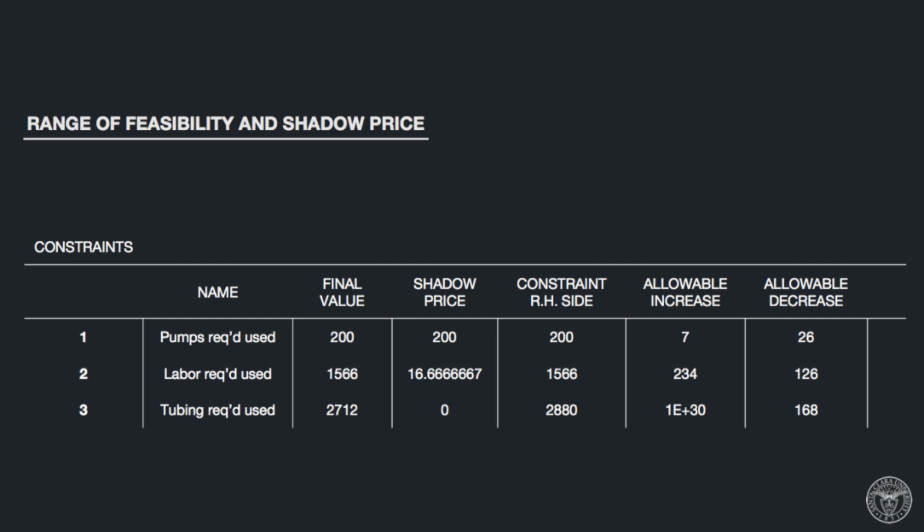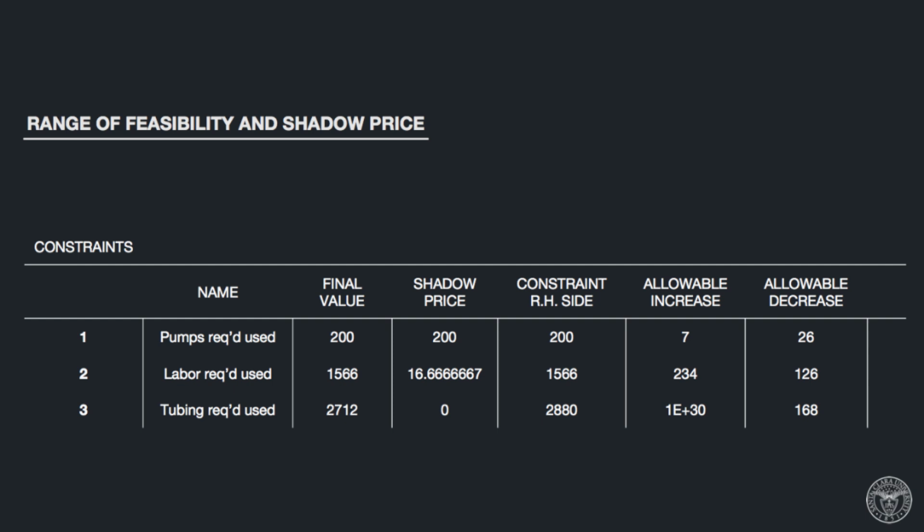As you can see, for the pumps, the two values, 200 and 200, are the same. And for the labor, we have 1,566 for the left-hand side value and 1,566 for the right-hand side value. So it shows that the first two constraints are binding. But for the third constraint, the tubing, we have 2,712 less than 2,880.